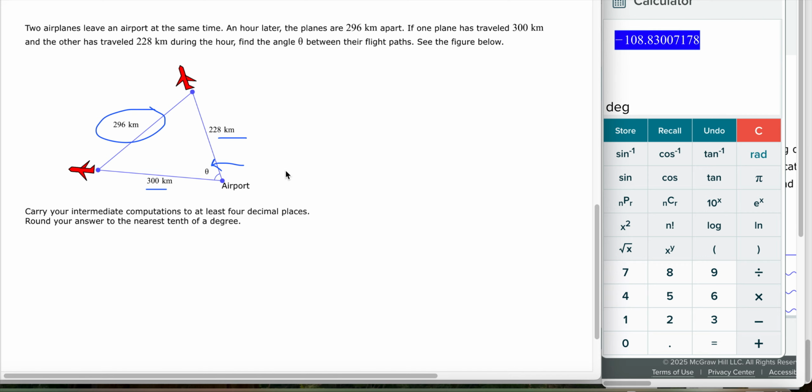So let's label this in terms of A, B, and C, and then we can see what we're going to use.